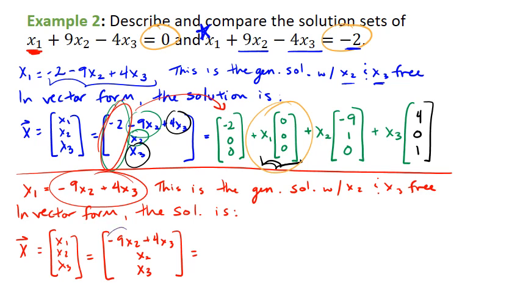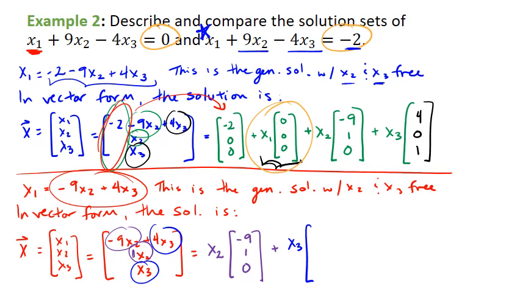So I'm going to next go to x2. x2 would be -9, 1, and 0. It's simply the coefficients of x2 in each row. Then for x3, I find the coefficients of x3 in each row. 4, there isn't one, and 1.